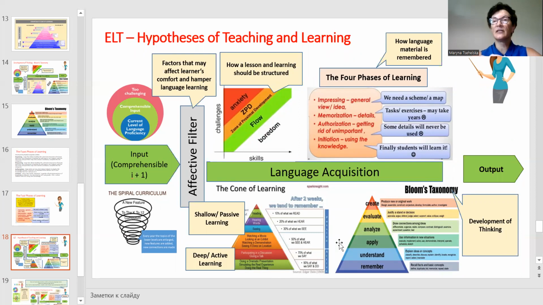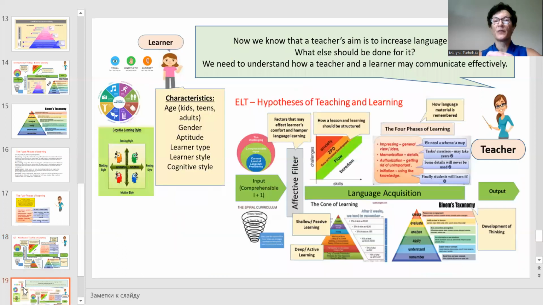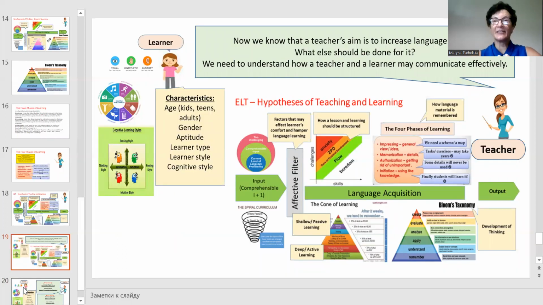And for this, you go by Bloom's taxonomy, you develop lower order thinking skills, but you also develop the higher order thinking skills. And that is how your output grows, because your students remember more, and what is more important, their language skills grow. So that was our basic scheme for today.